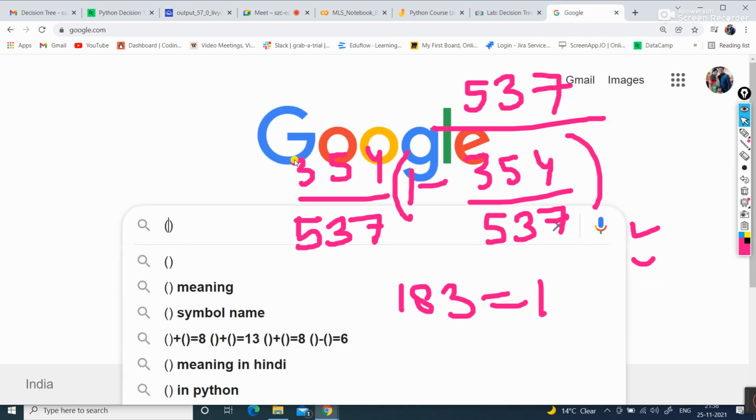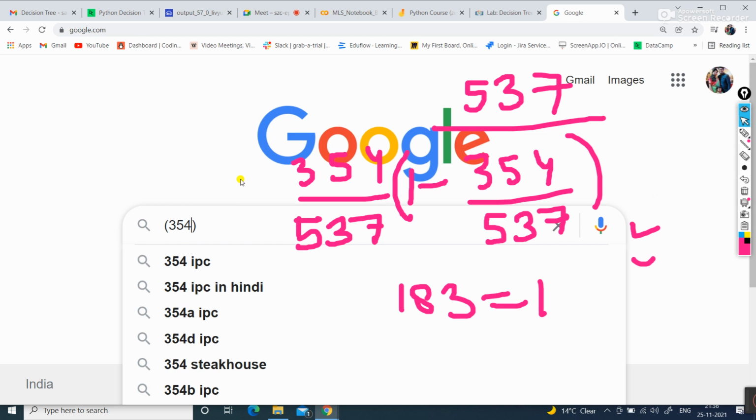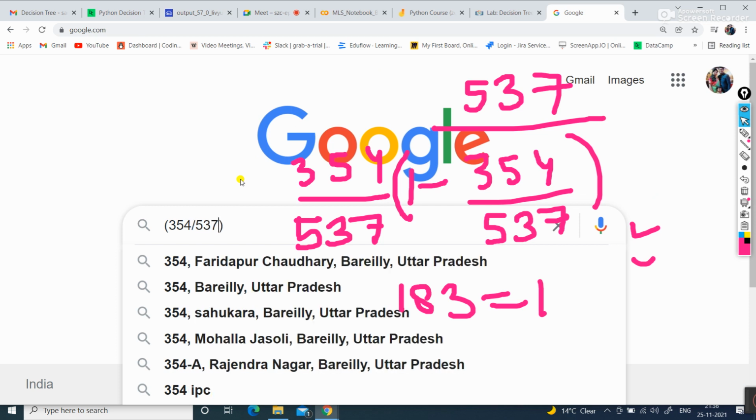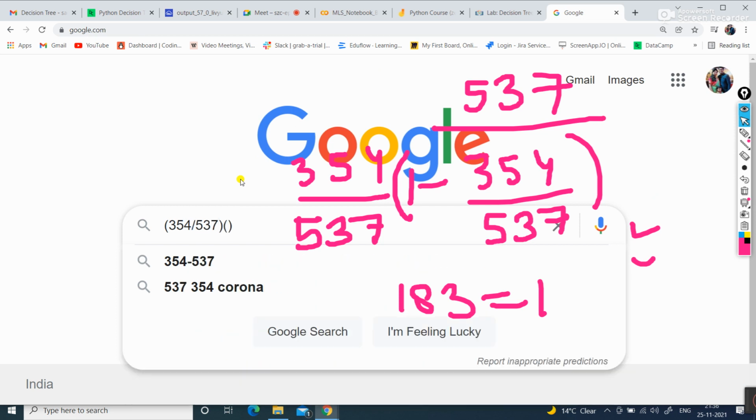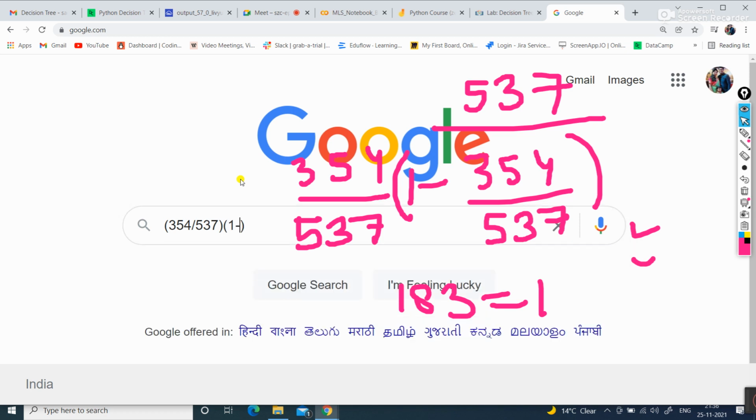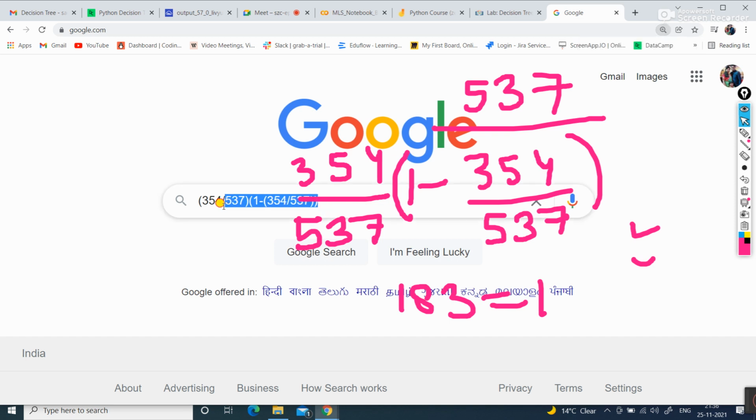180. Okay, so I'm going to calculate this: 354 divided by 537, then multiply it by 1 minus 354 divided by 537, in parentheses. Yes, that's correct.